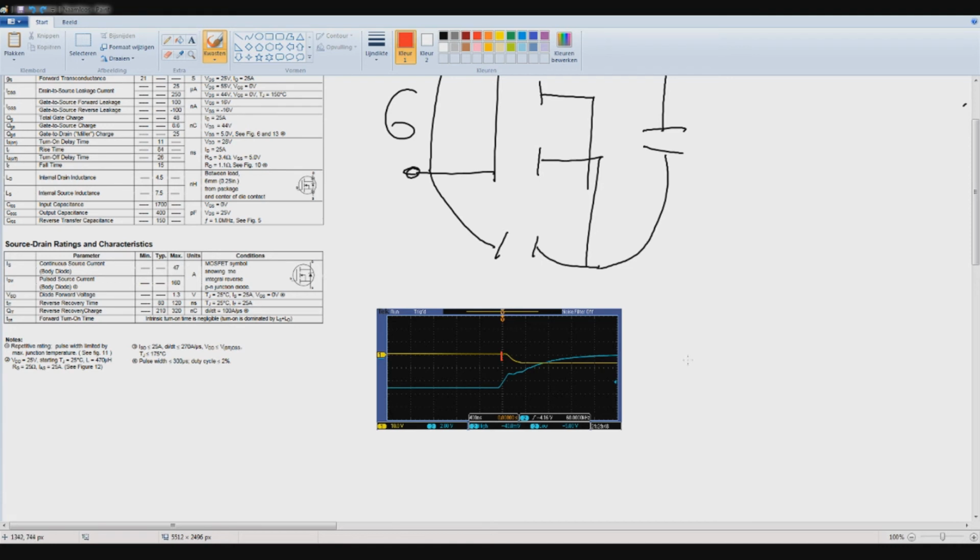So what you will have, if I can draw it like that, is VG and V drain to source, and basically we have an overlap.